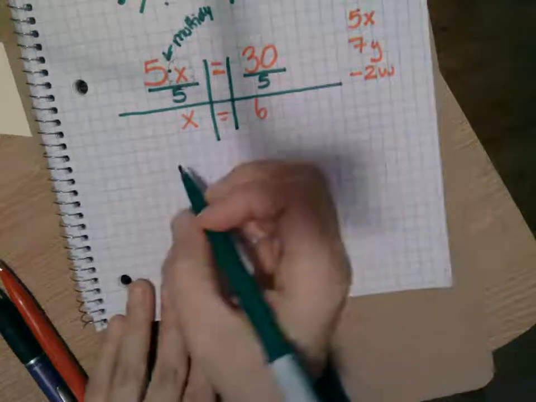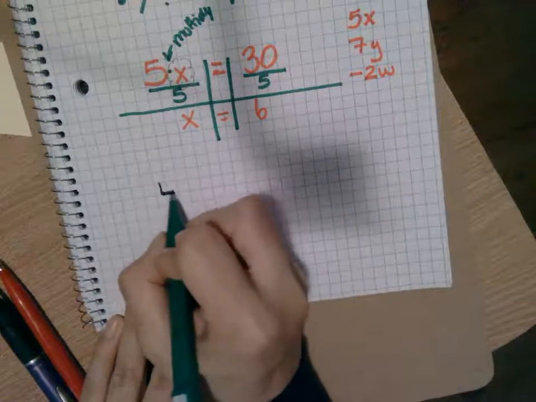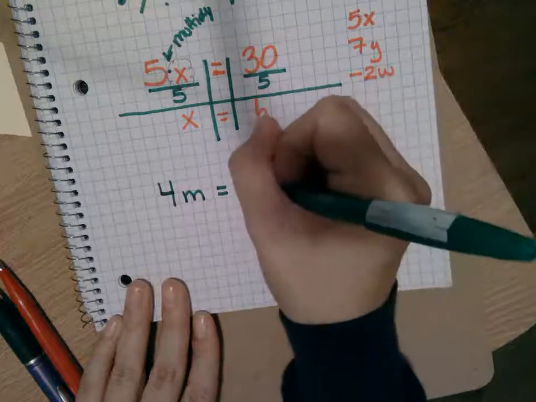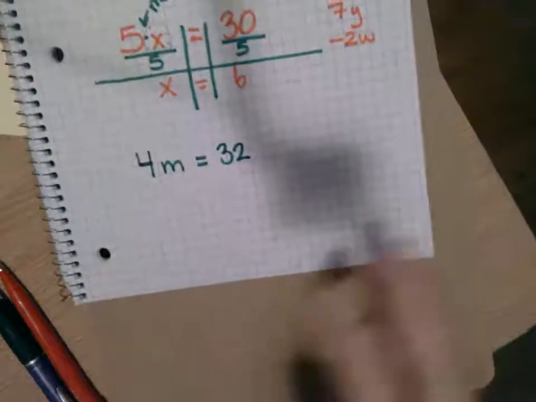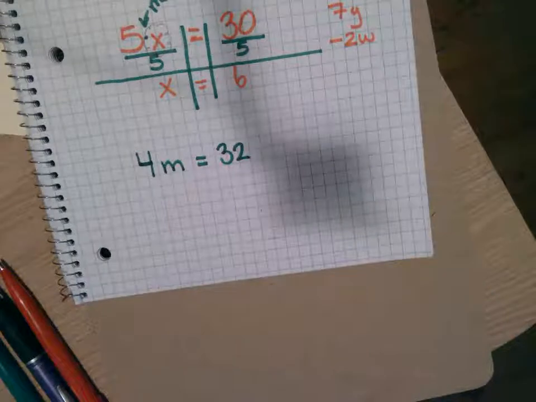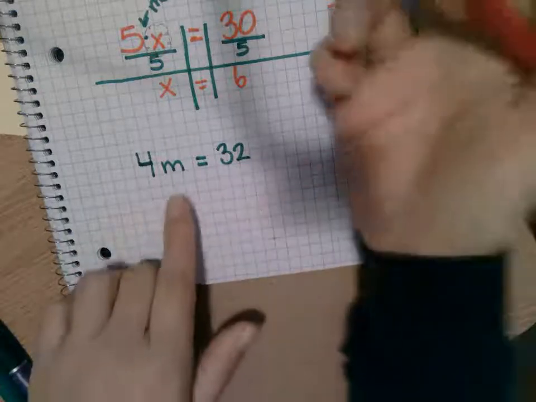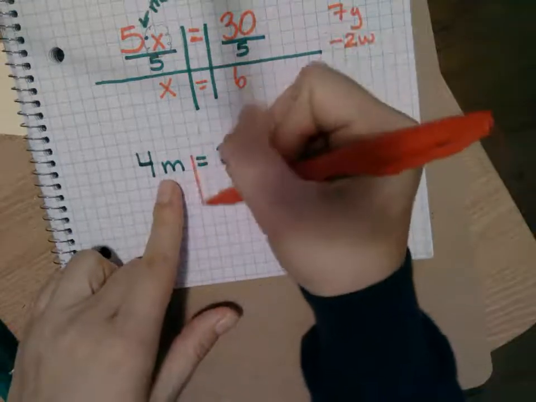Okay, so let's try another problem very similar to this one. 4m is equal to 32. Okay, write this down. Everybody's writing this down. So your goal is to get m by itself, the variable all by itself.